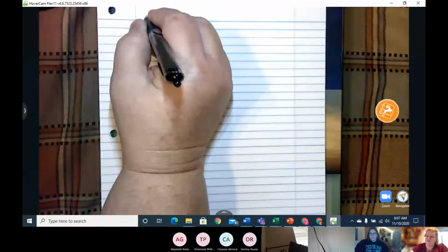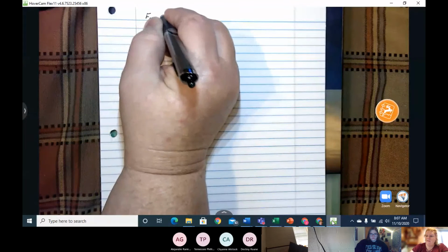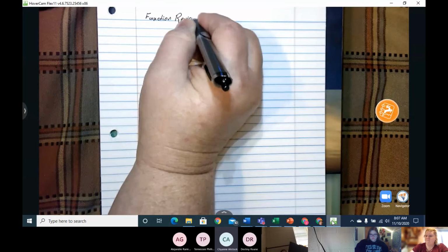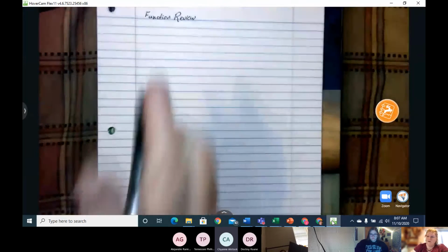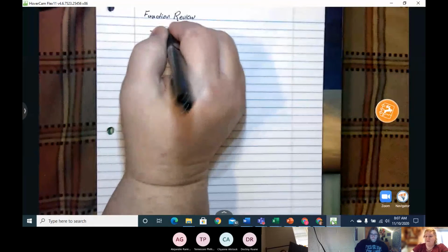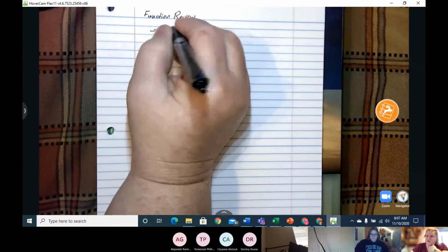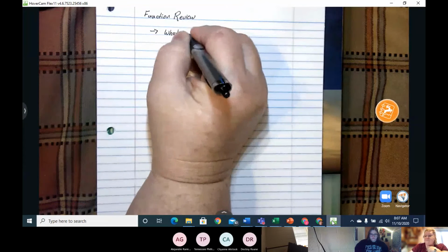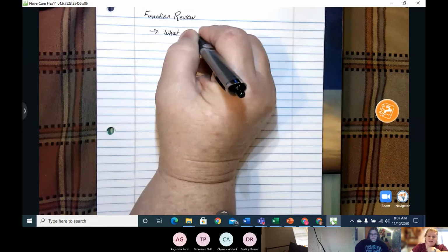All right, so the unit is on functions. So basically, you need to be sure that you can distinguish the difference between a relation and a function.